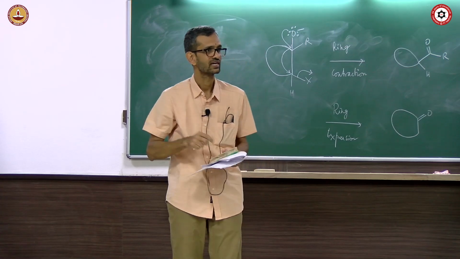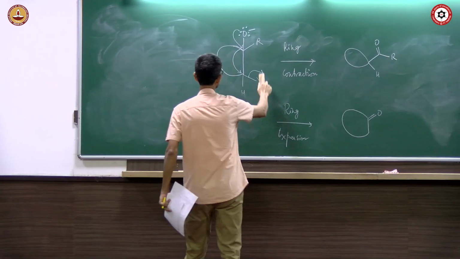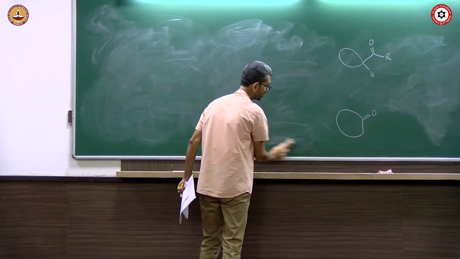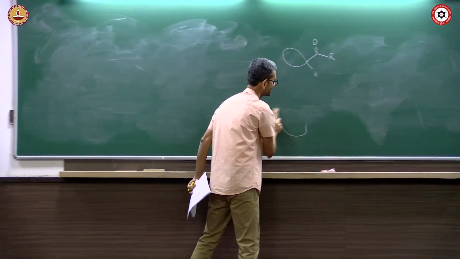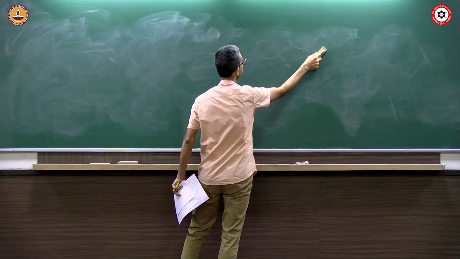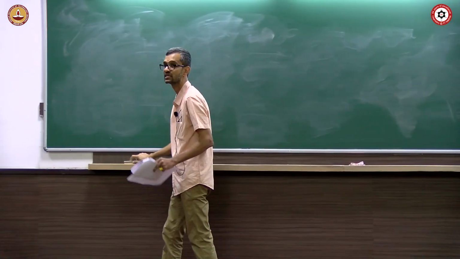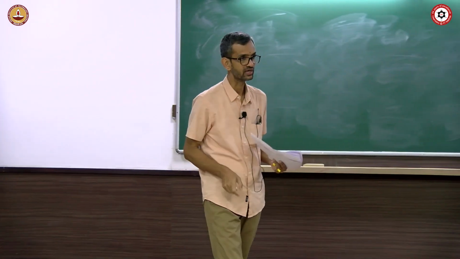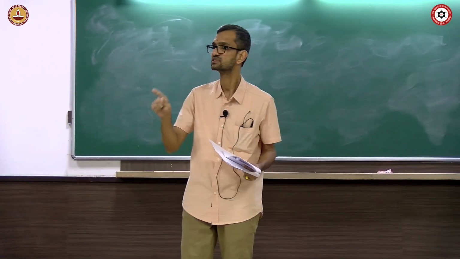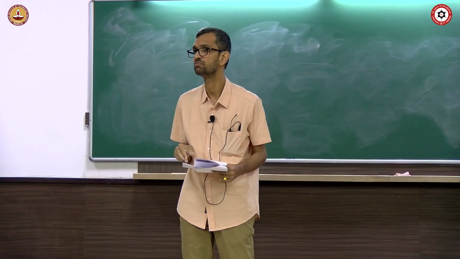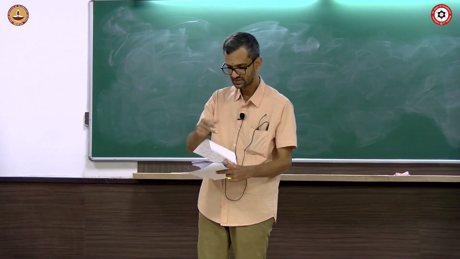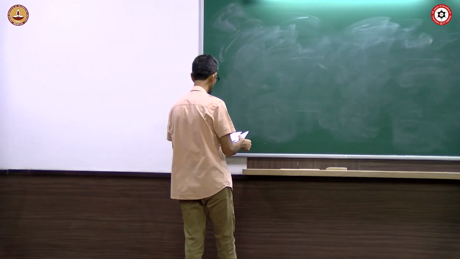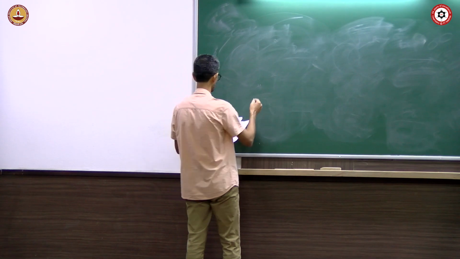But which lone pair, which bond, which orientation is necessary for the lone pairs to make this happen is very, very crucial. If it is not an anti-periplanar orientation, then that particular group is not going to migrate. Okay, the necessity is the orientation of the group. Okay, let's take one example.